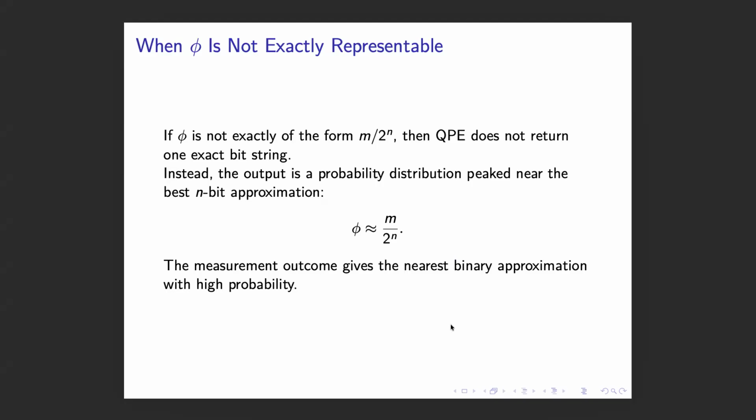So the output is actually a probability distribution which will be peaked near the best n-bit approximation. So this is what the QPE actually promises. And the measurement outcome gives the nearest binary approximation with high probability.